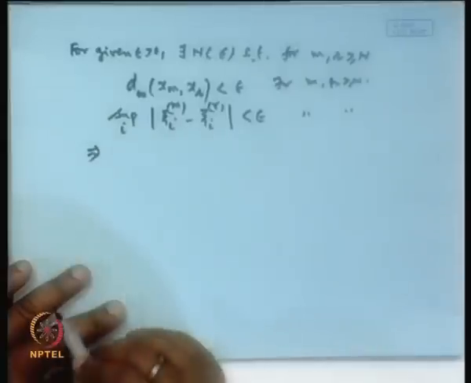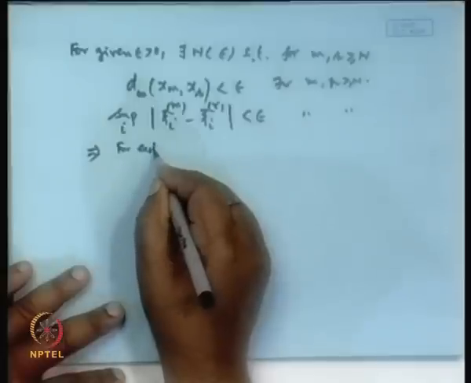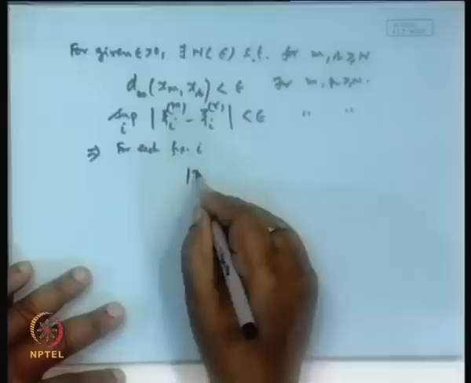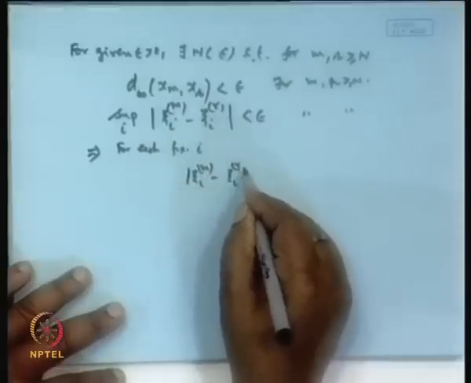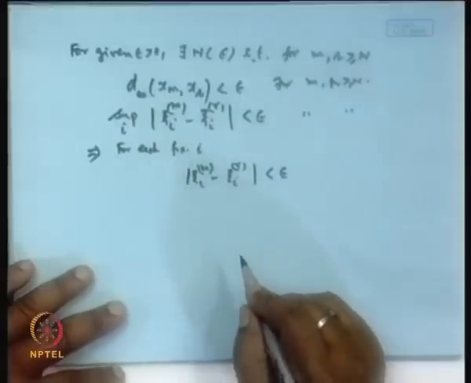This implies that for each fixed i, mod xi i m minus xi i r remains less than epsilon. Clear?